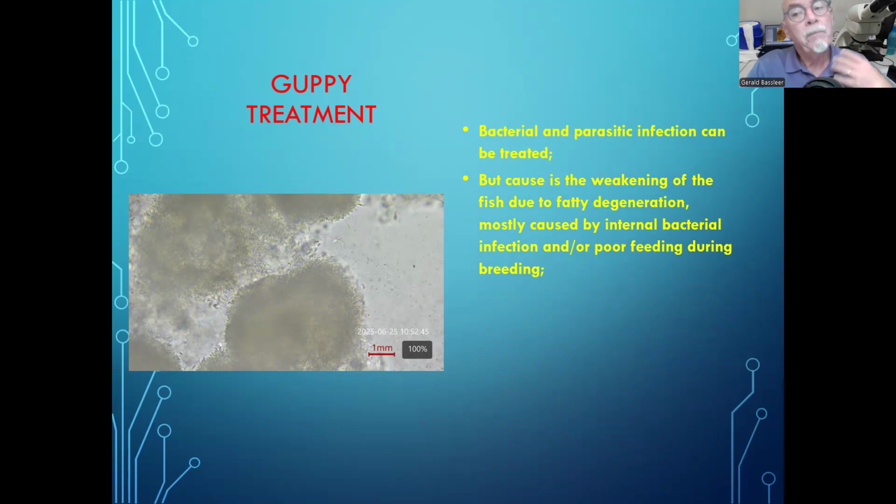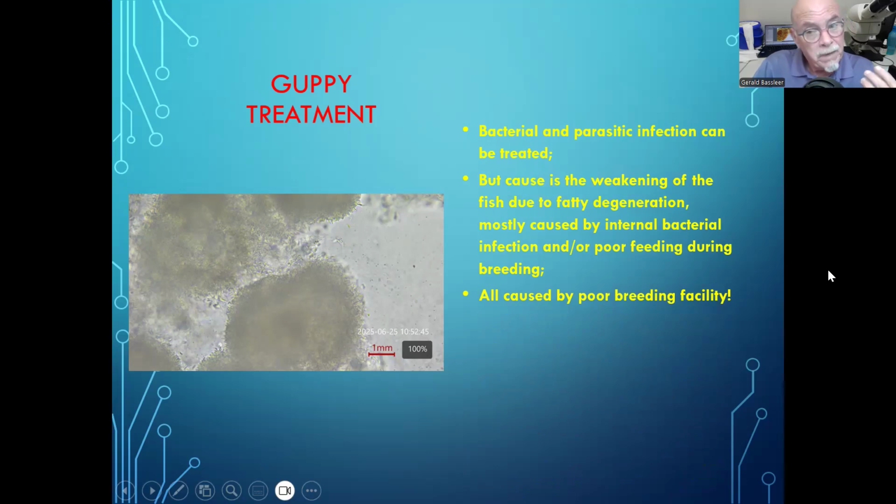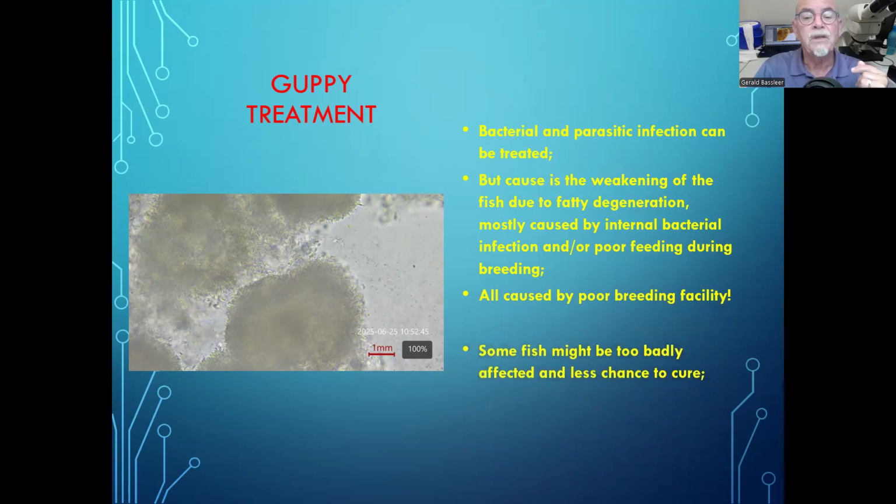And it usually, in my opinion, starts with poor feeding quality, poor food given to the guppies, maybe also stress and pollution of the water, dirty water also, and then bacteria can appear. So, in my opinion, these are fish coming from a poor breeding facility.